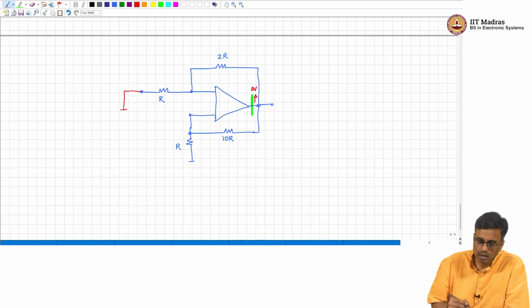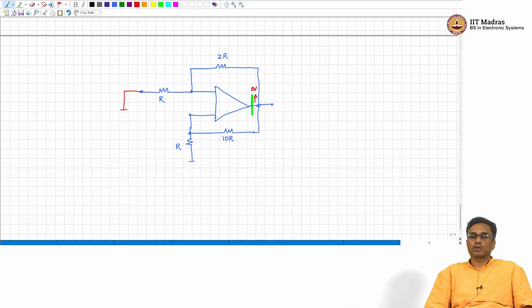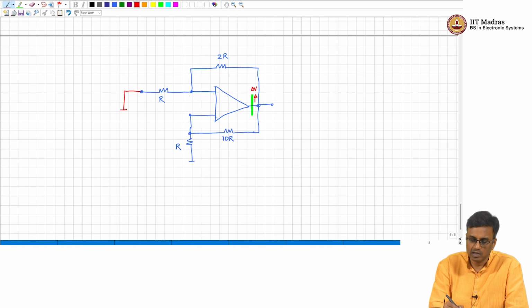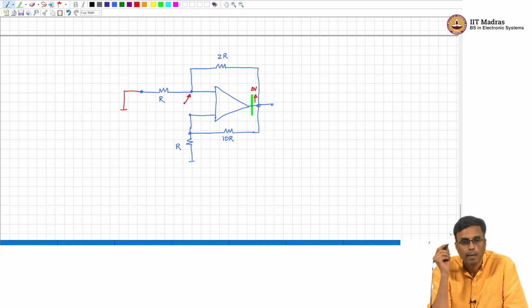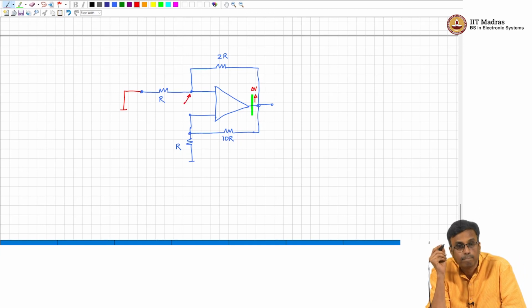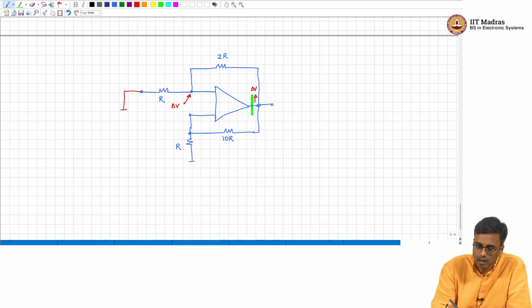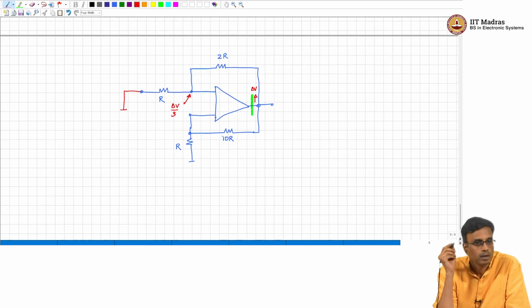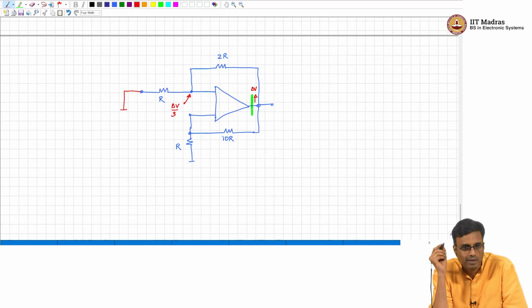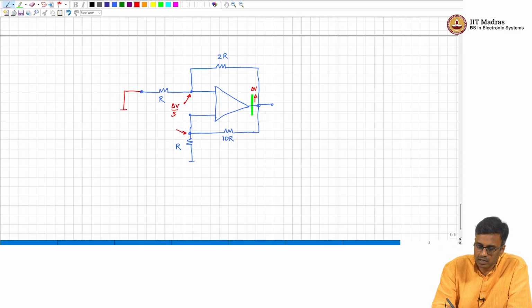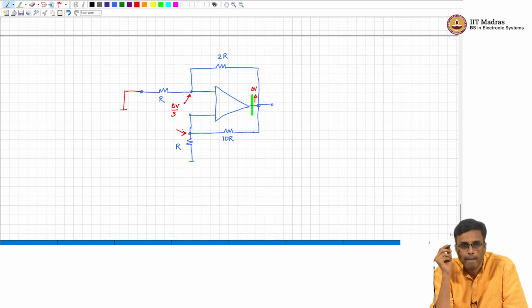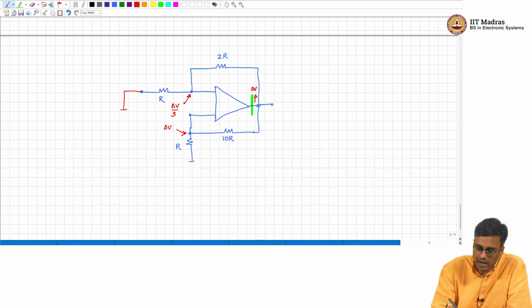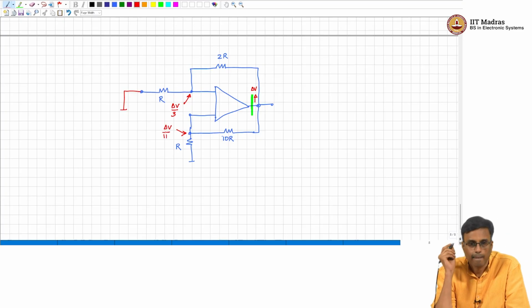Now, what is this voltage? Delta V by, simply a potential divider, correct. What is this voltage? Delta V by 11.